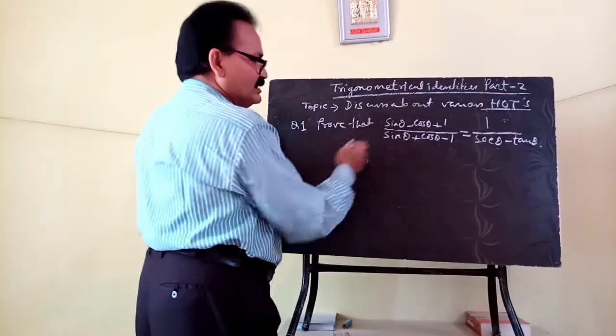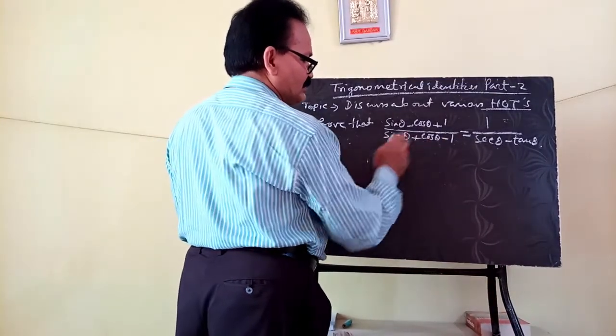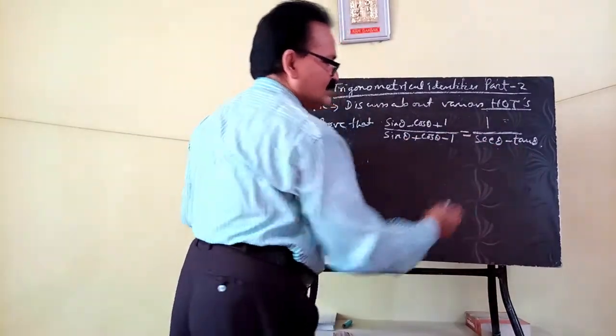So your LHS is sin theta minus cos theta plus 1 over sin theta plus cos theta minus 1, and in the RHS, sec theta minus tan theta.